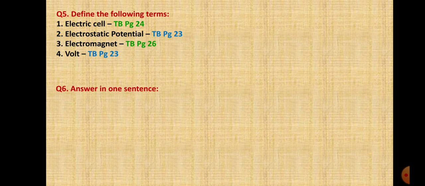In that paragraph, you have to go to the fourth line, the unit of potential. Got it? The unit of potential difference in SI system is volt, and it is represented by capital V. So, with this, the fourth one, 5.4, is over.